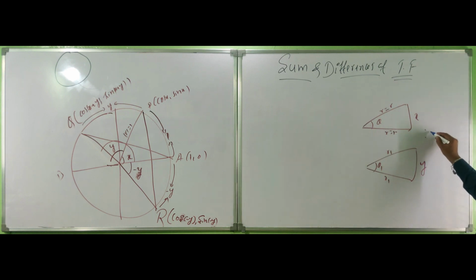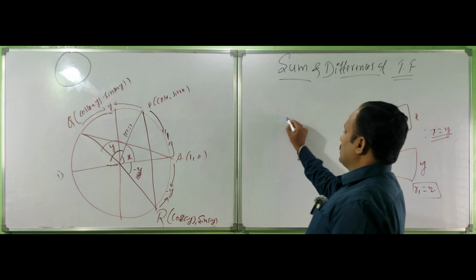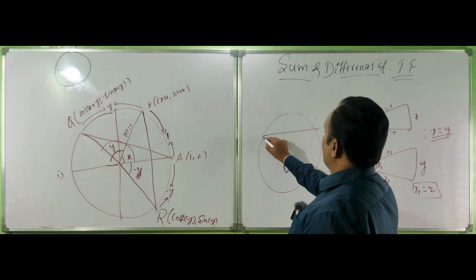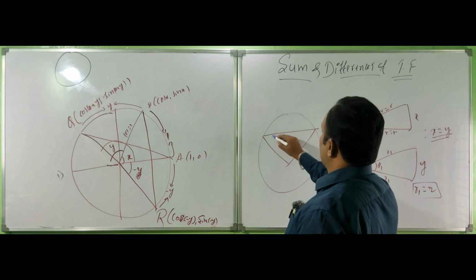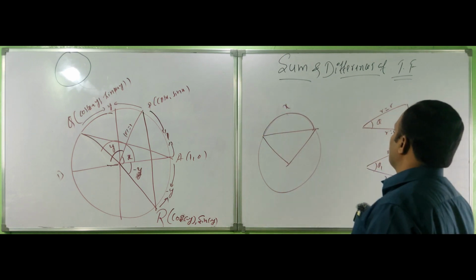If x is equal to y, then r1 becomes r2, the radius also. In the triangle, this is the chord, this is the arc length, and this is x.